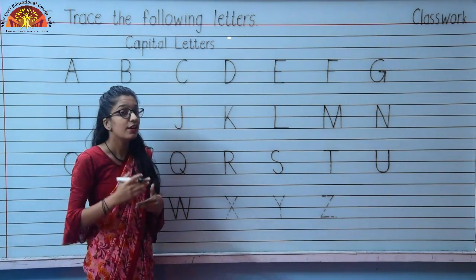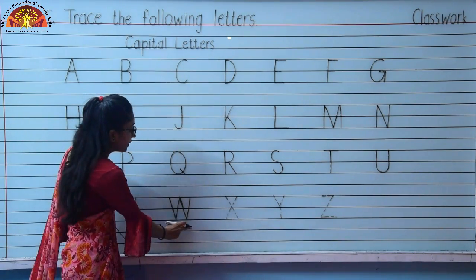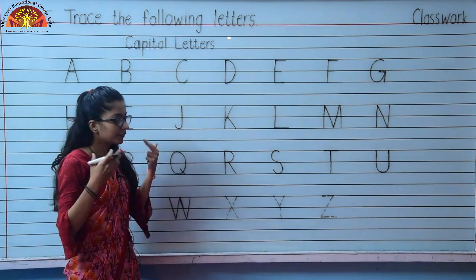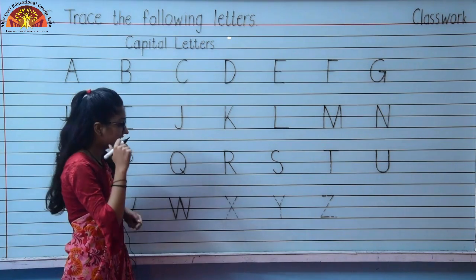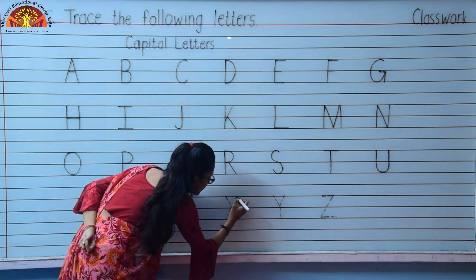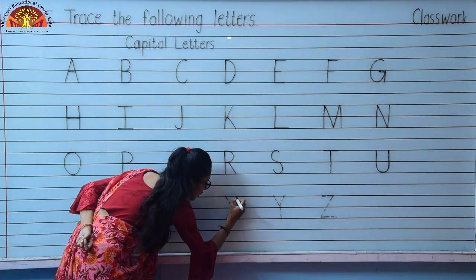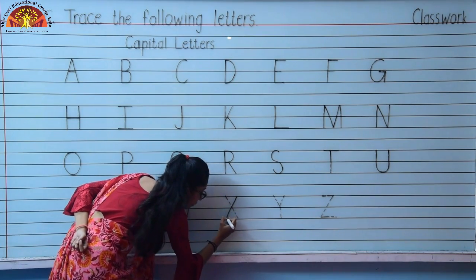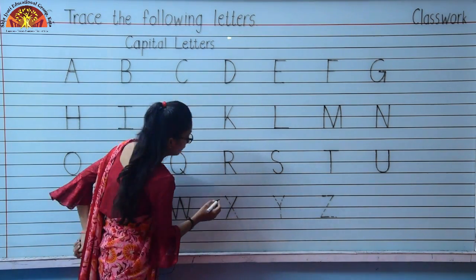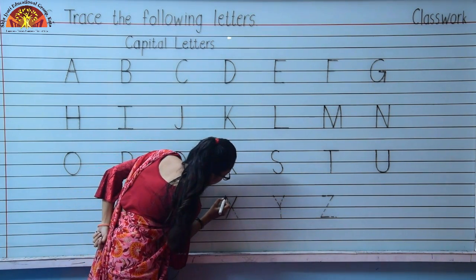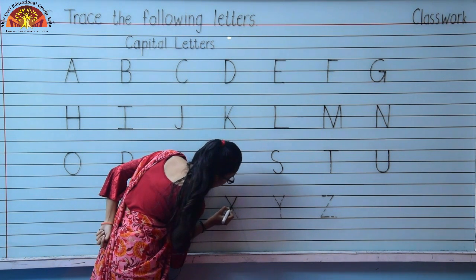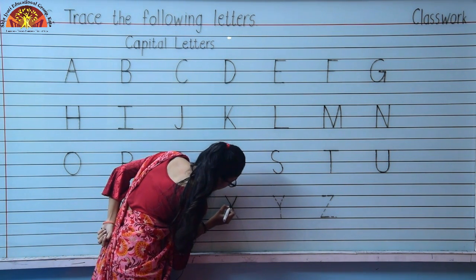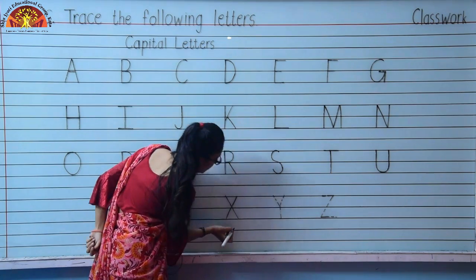Now tell me what comes after capital letter W. It's X. Okay. So draw slanting line. One more slanting line. Like this.